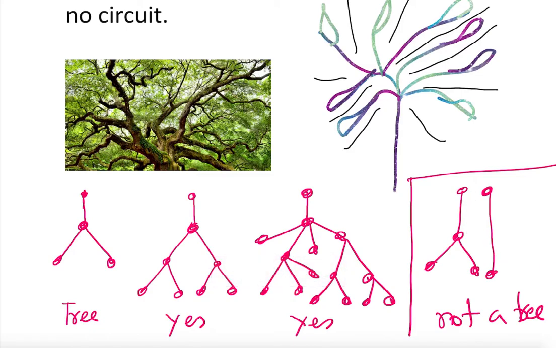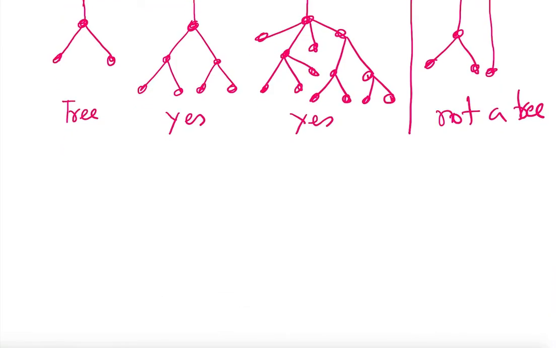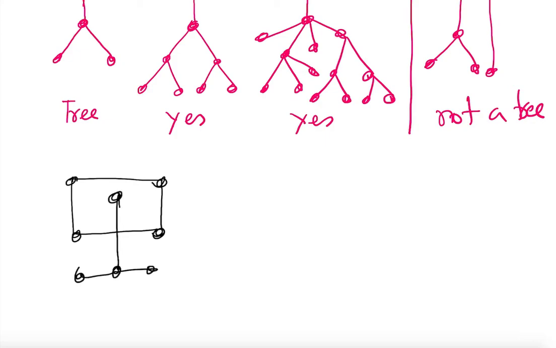We can have a little more actually. Here you go. Let's take a look. Can we have more? Yeah. So I can create one here, right? Is this a tree?